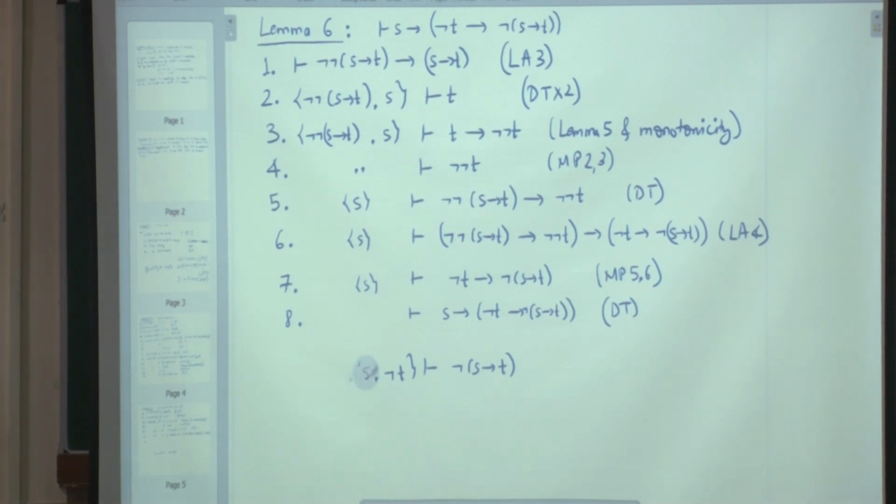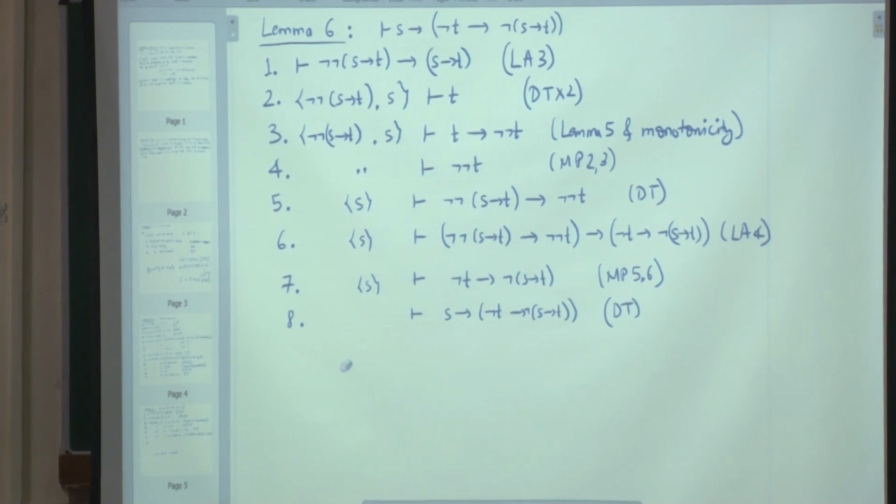And maybe I can get rid of this. Okay. So you have to learn to play around with axioms, and that's the only way to do it. Any questions?